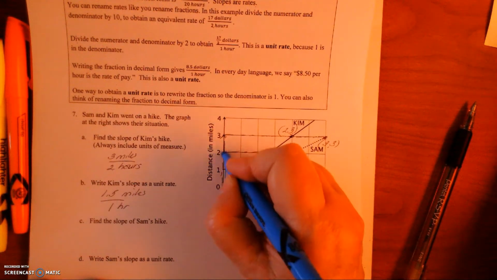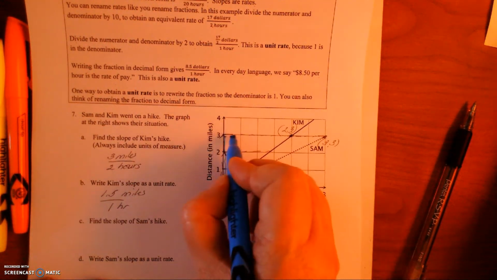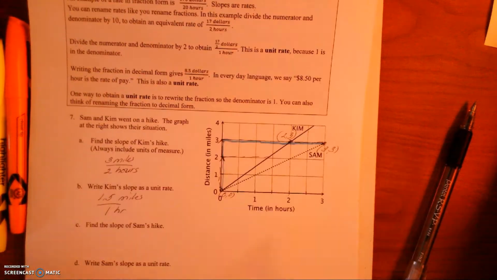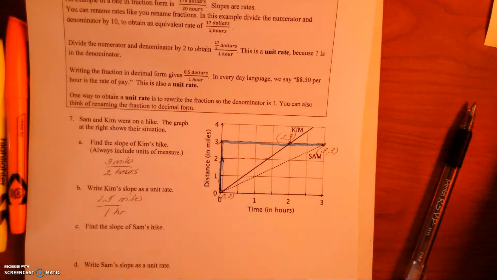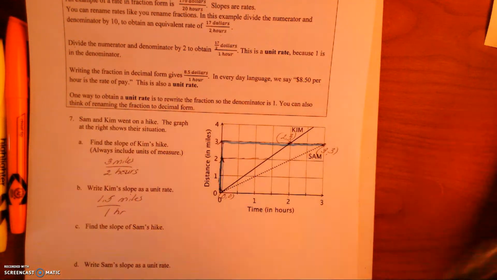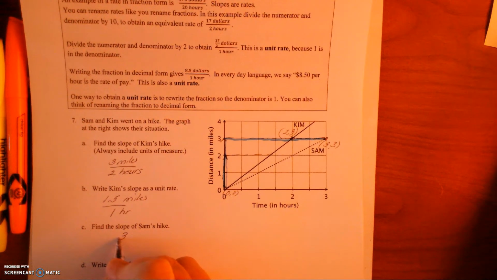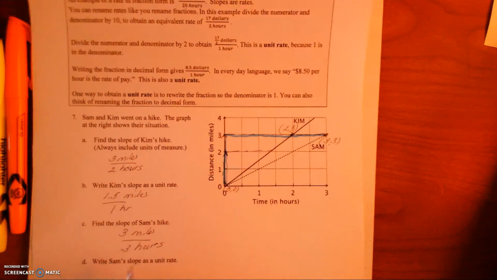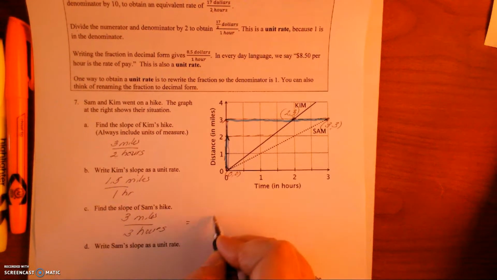Sam goes up to 3 and all the way over to 3. So the slope is 3 miles over 3 hours, and then we can simplify it to 1 over.